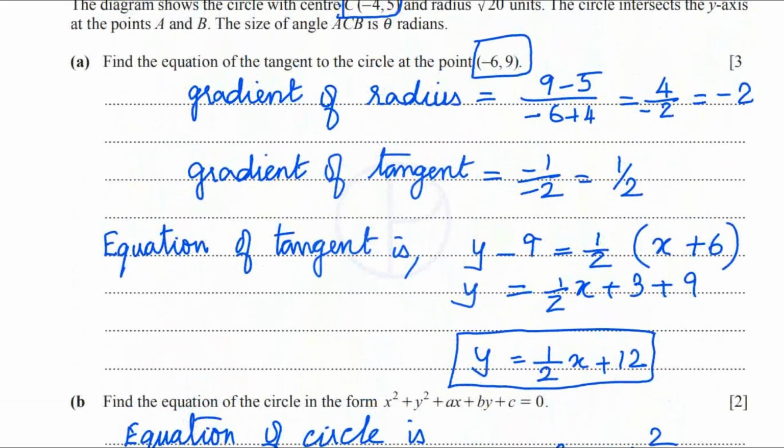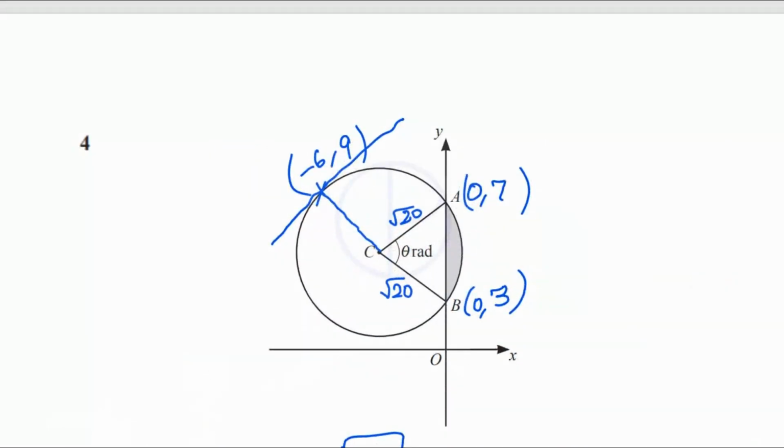Okay. So this part is square root of 16. So now we know all the three sides of the triangle. So by using that, let's calculate the angle theta.